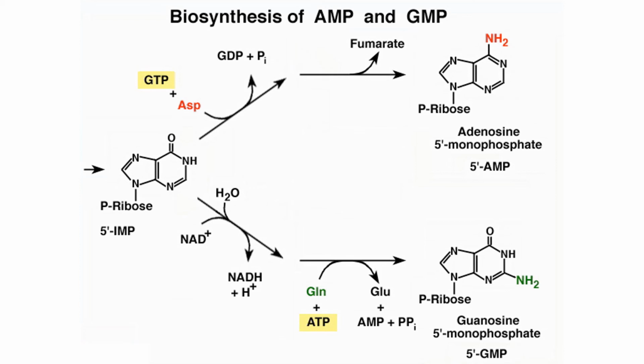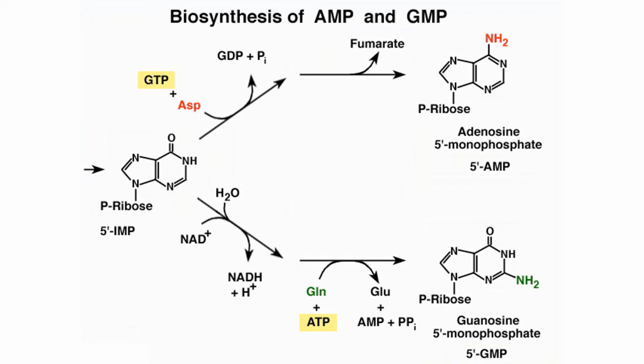So from the fusion product then, fumarate, which we know to be a citric acid cycle metabolite, is released, leaving behind the amino group of aspartate, and that gives us then our adenosine 5' monophosphate, or 5' AMP.